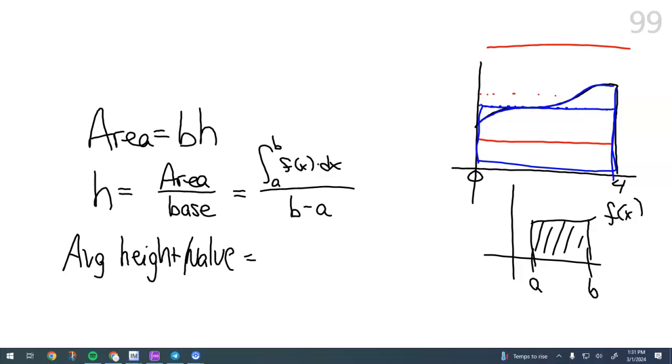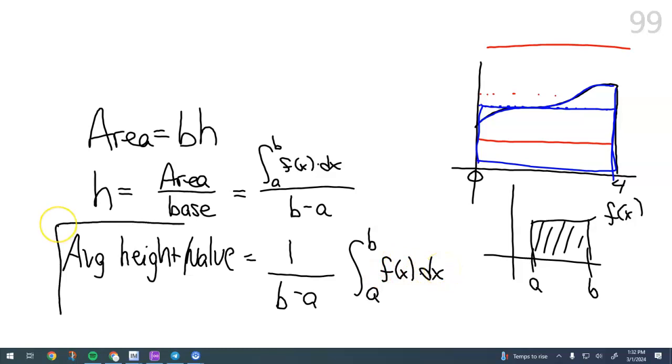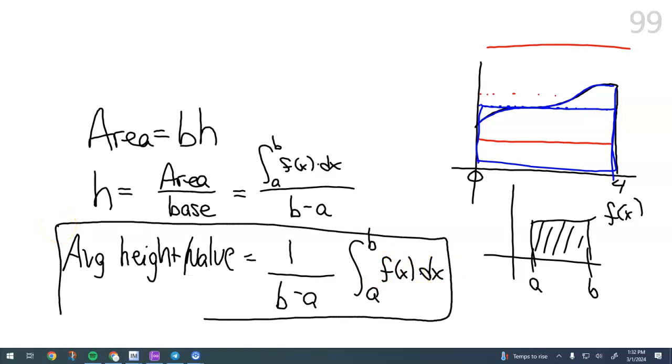So to me, it's easier to think about it as 1 over the base times the area. So that is your equation for average height or average value. All it is is the area of a rectangle, just kind of flipped around and then calculusized.